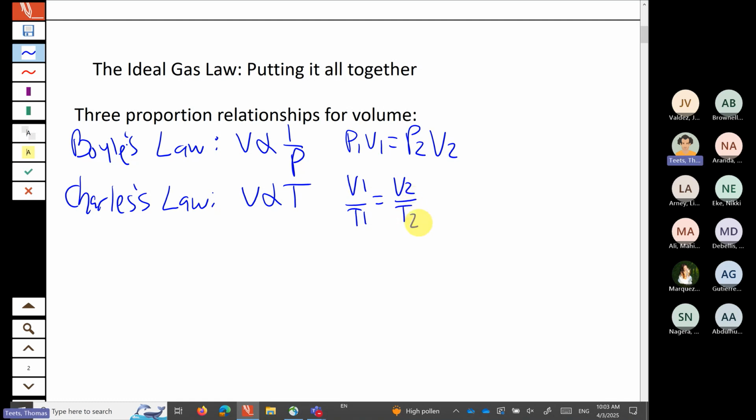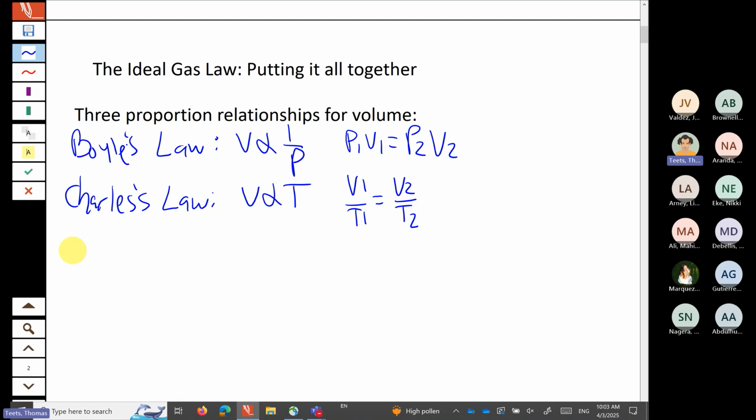Just as a warning, whenever you see equations involving gases that have temperature in them, it has to be in Kelvin. If it's absolute temperature, no delta in front of it, just the temperature by itself, the units have to be Kelvin.